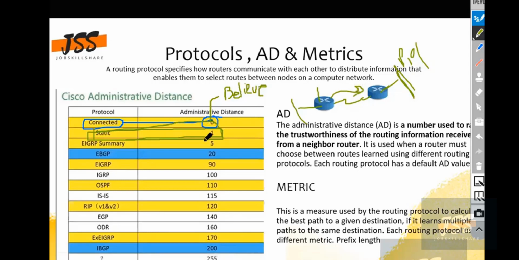So the believability is 1. It is not directly connected, but it's connected somewhere on the router. But I am telling this router, please, if you want to reach it, I have configured a static route to reach this route. So this is believability number 1. AD is 1.